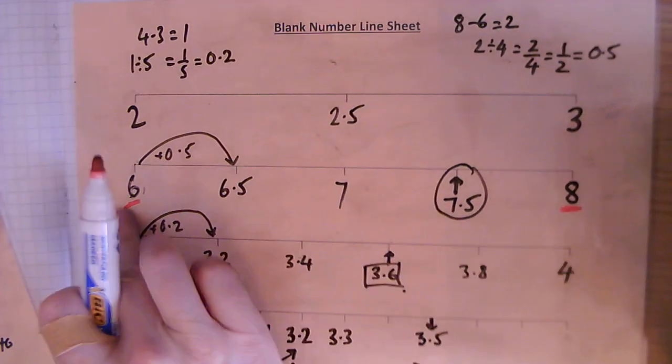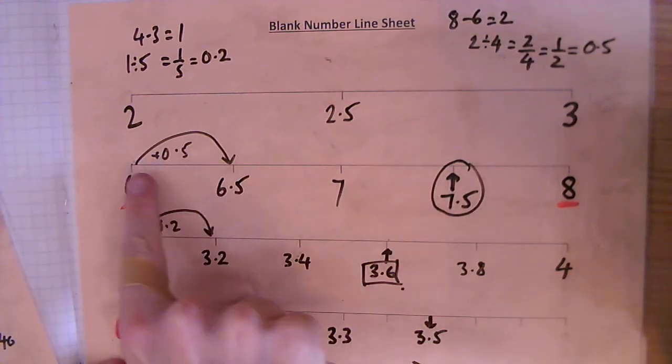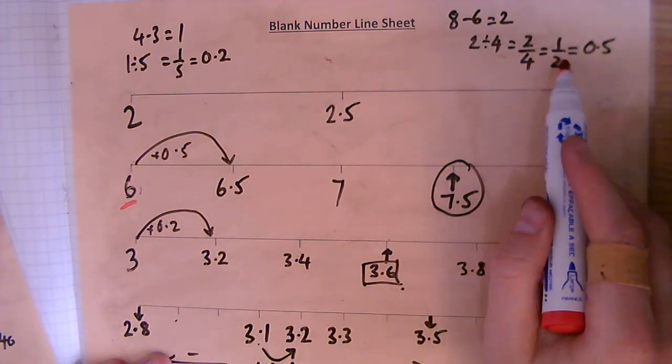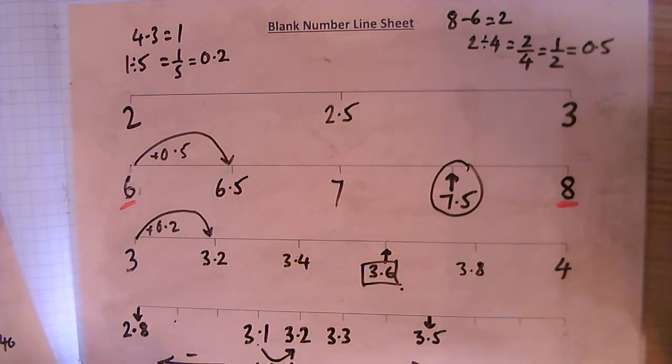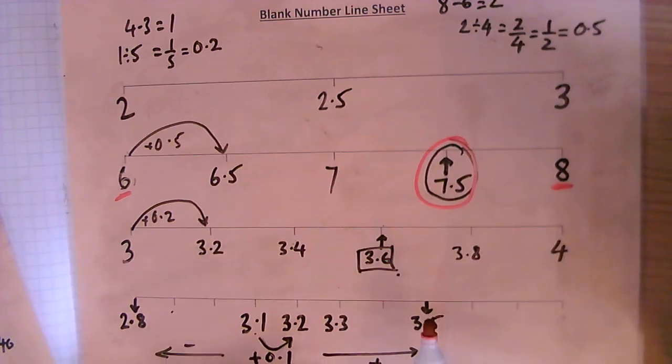So we did 8 take away 6 is 2. We divided it by the number of jumps from 6 to 8, which is 1, 2, 3, 4, which is 2 quarters, which equals a half, which equals 0.5. And then we added 0.5 each time, that told us that was 7.5 there.